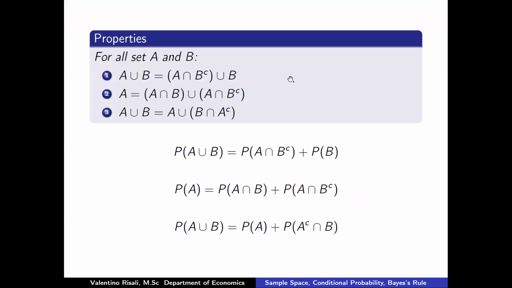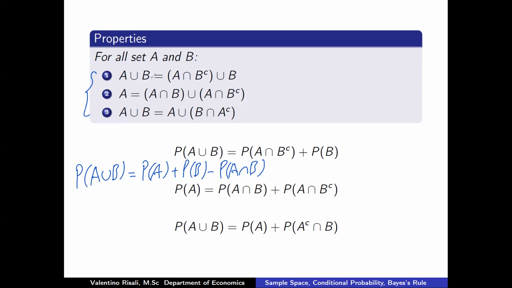And then for the value of the probability of A union B, we can see it is equal to PA plus PB minus P of A intersection B. We get this result from these properties.